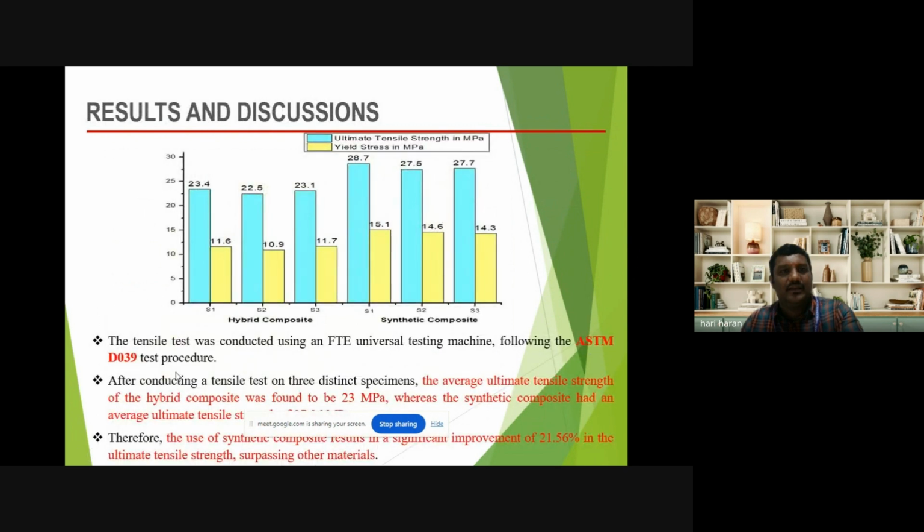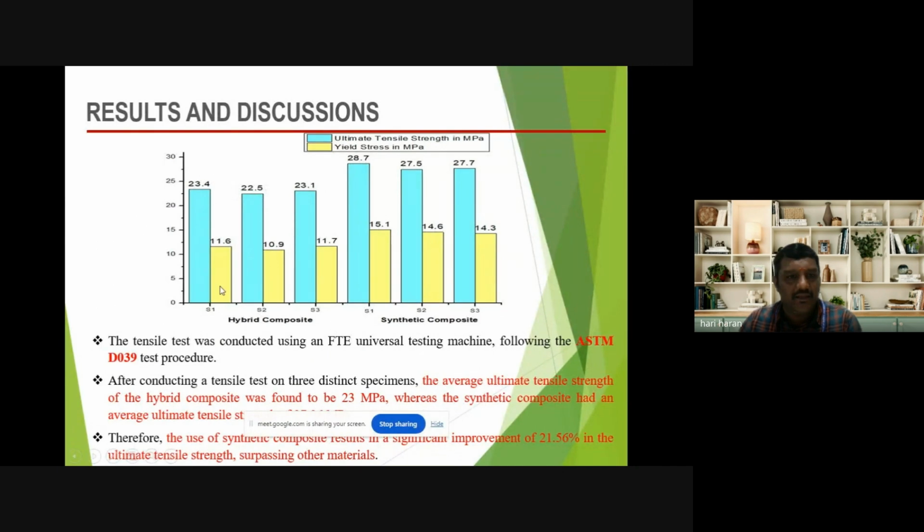And moving on to the results and discussion, the tensile test was conducted with the FTE universal testing machine with the ASTM D039 test procedure, and we can see the ultimate tensile strength obtained in the hybrid composite and in the synthetic composite.